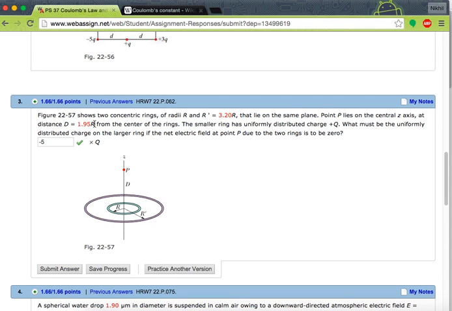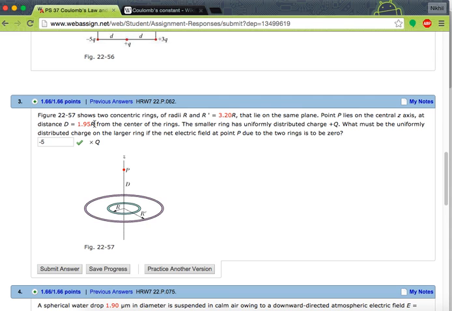In fact, I'm just going to do it for kicks. You get minus Q times d squared on the top, which is 1.95 squared R squared. 1.95 squared is 3.8, so 3.8 R squared plus R prime squared.